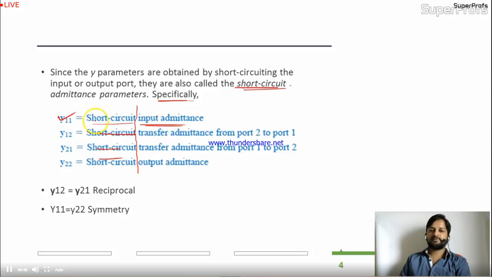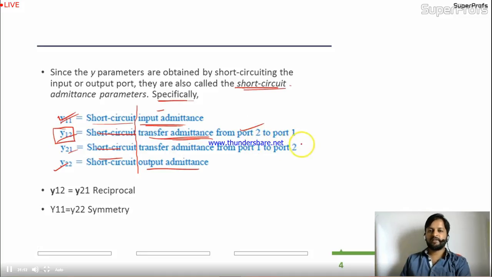Is it clear to you? Y11 is the input admittance, Y22 is the output admittance. And what about Y12 and Y21? They will be transfer admittances. If we want to get Y12, it means the admittance is transferred from port 2 to port 1.